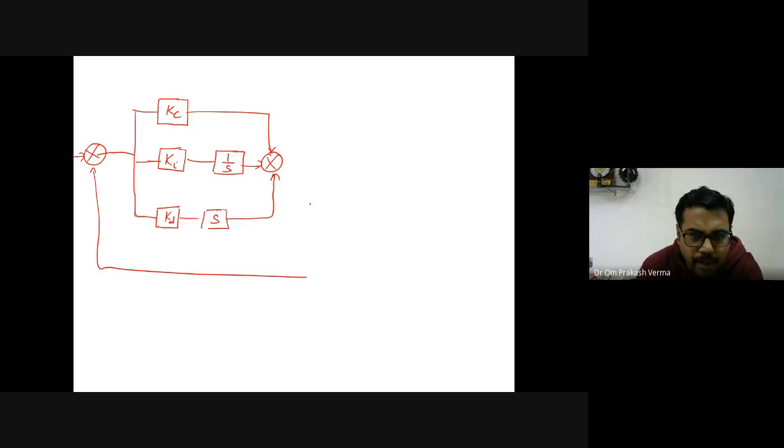Okay, so you can say that this is nothing but the PID controller, parallel form of PID controller, if I am not wrong. Okay, and this is the set point, and this is the PID controller, basically a controller, nothing else.